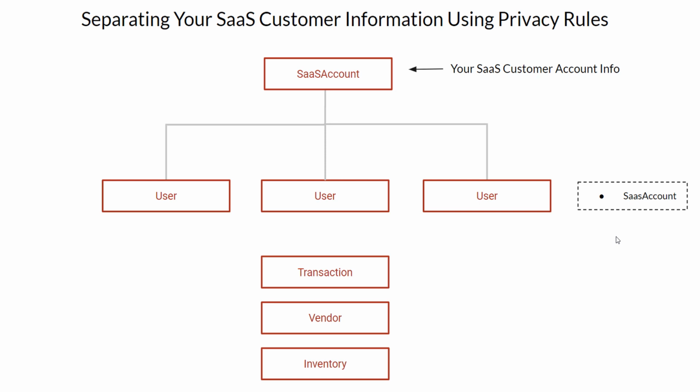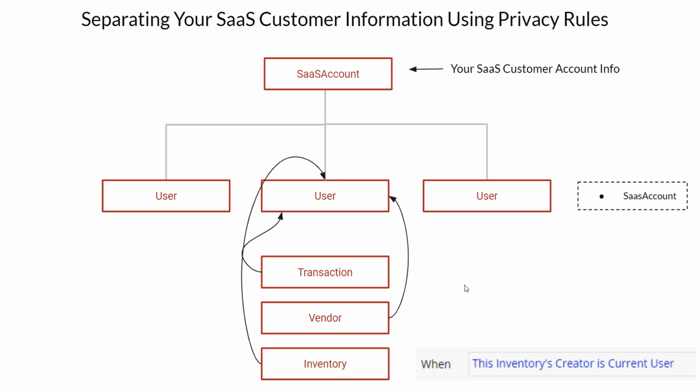Then you've got the main data of your app. Here I've just got a few examples: transaction, vendor and inventory. We need to make sure that they get limited to the SaaS account. In this slide, I'm just showing you that they're linked to a user, which is fairly straightforward to do in Bubble using this type of privacy rule for the inventory: this inventory's creator is the current user.